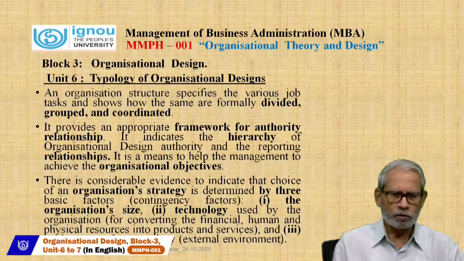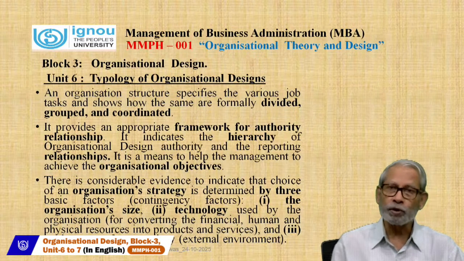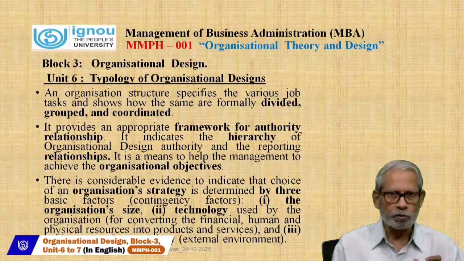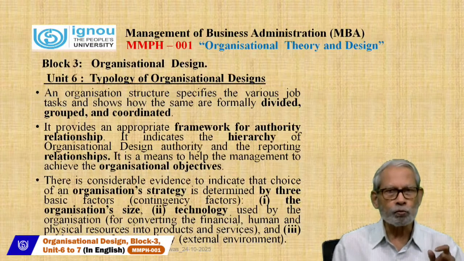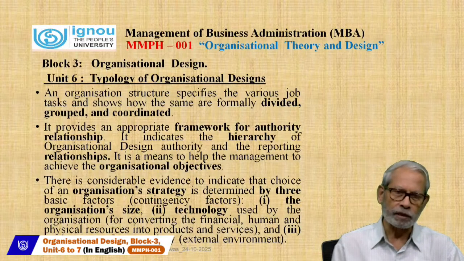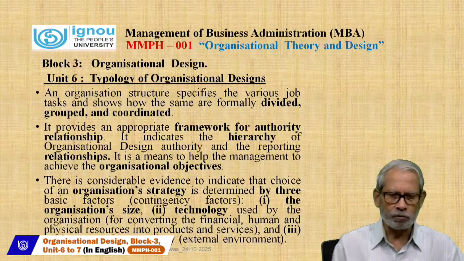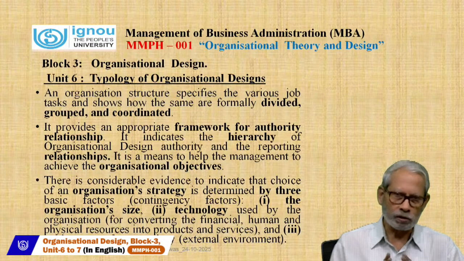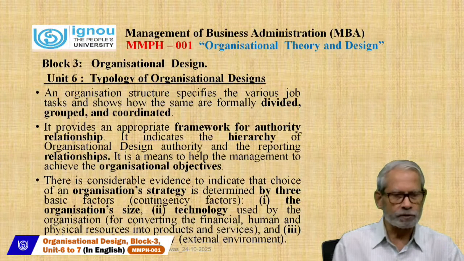So, design authority and reporting relationships: how it should be operated, who will report to whom, and who will give instructions to the subordinates. All this part has to be defined, and definitely all these things should be in alignment with the managerial and organizational objectives.